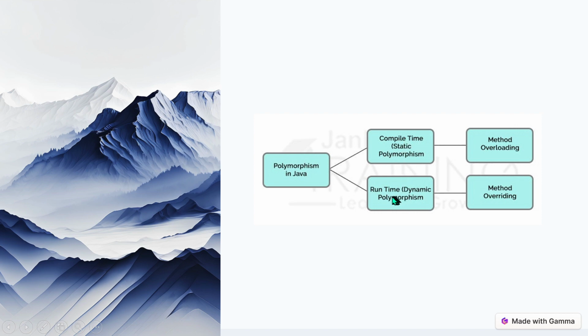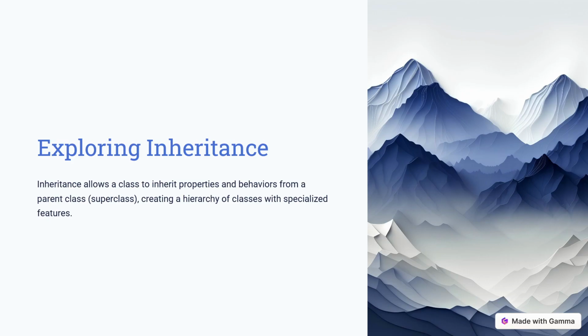Compile time polymorphism is static polymorphism, and runtime is dynamic polymorphism. Compile time polymorphism is known as method overloading, and runtime is known as method overriding. What are method overloading and overriding? Let's see.